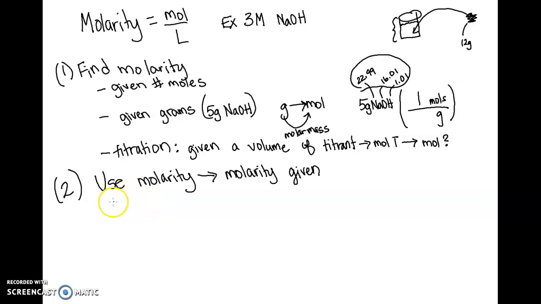For example, it could ask you for the moles needed, or how many moles are in a solution. Let me show you an example, because I think I'm being confusing.